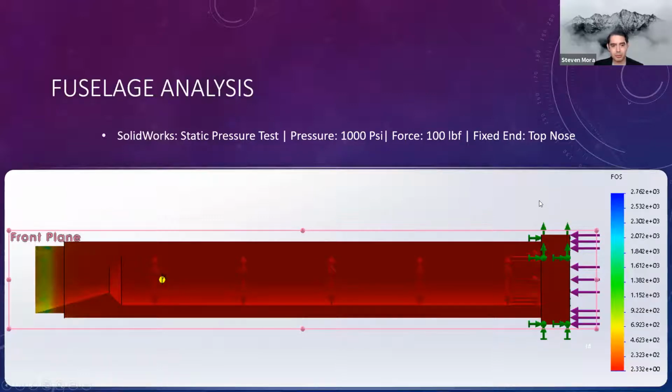This simulation analyzed the factor of safety of this design, which came out to 2.33. We were shooting for a factor of safety of 2, so that gives us some room for extra material if we need to add to the dimensions or the thickness of the fuselage.